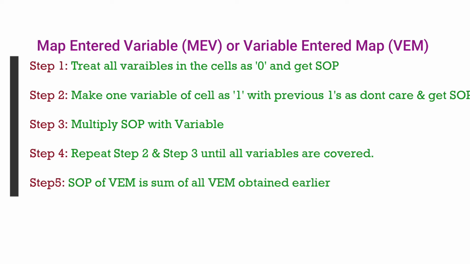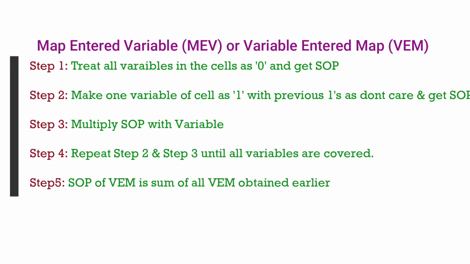Step 3 is to multiply the SOP with the variable. Step 4 says to repeat step 2 and step 3 until all variables are covered. Finally, step 5 says that the SOP of a variable entered map is the sum of all the terms obtained earlier.